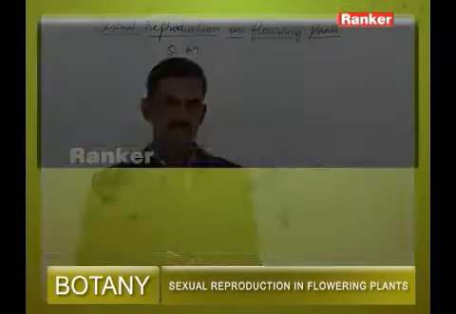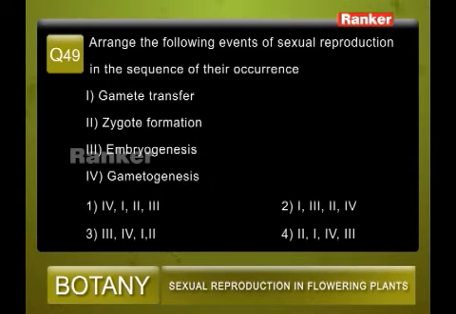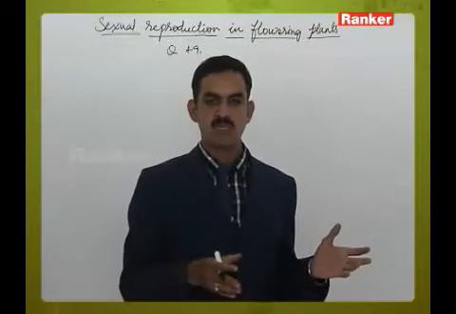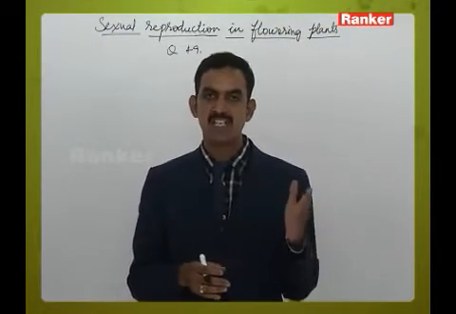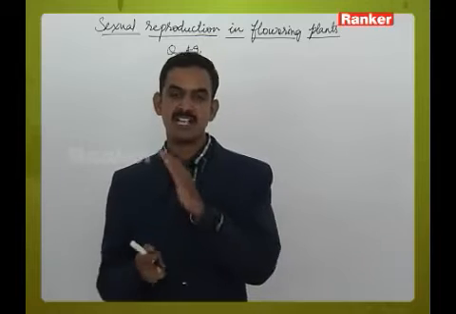Question number 49, arrange the following events of sexual reproduction in the sequence of their occurrence. Options: 1. Gamete transfer, 2. Zygote formation, 3. Embryogenesis, 4. Gametogenesis. Here in angiosperms, sexual reproduction is a process where many changes are taking place.